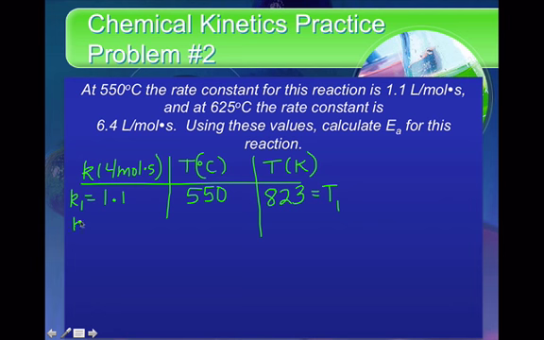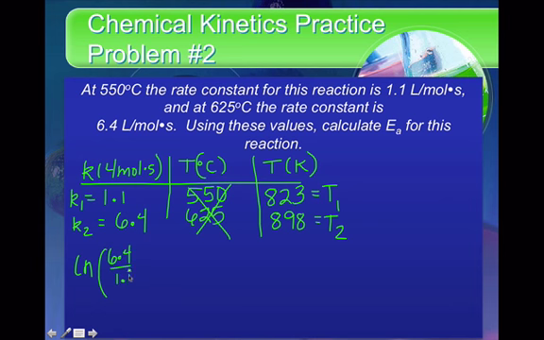The second rate constant that they gave us was 6.4, and that was at 625 degrees Celsius. If I add 273 to that, I get 898, and that's my second temp. So ignore those when we plug into this equation. We have the natural log, and we want to do K2 over K1. So I'm going to put 6.4 over 1.1 is equal to the EA.